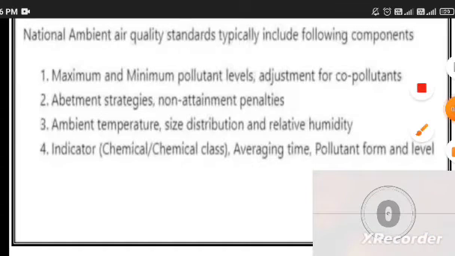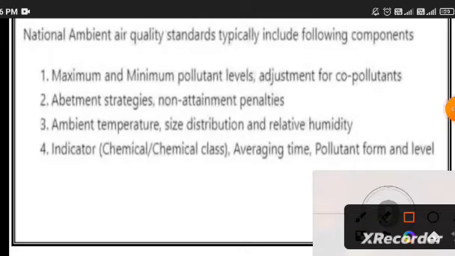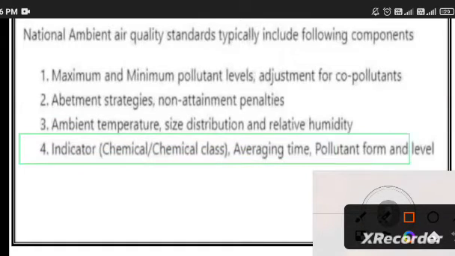And here the correct option will be option 4, that is, it includes indicators which are chemical or chemical class, averaging time, pollutant level and its form.